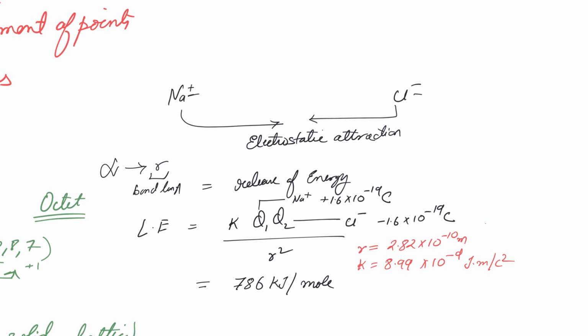Why would sodium, which needs to lose one electron to form Na plus, and Cl, which needs to gain an electron to form Cl minus, combine? If the process does not reduce the energy, then it should not happen, right? So why is it happening? Because of this.